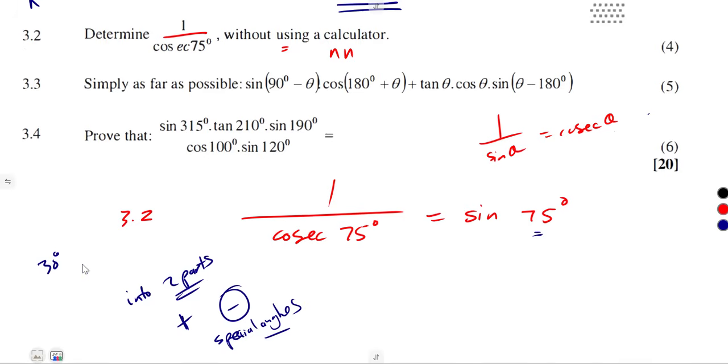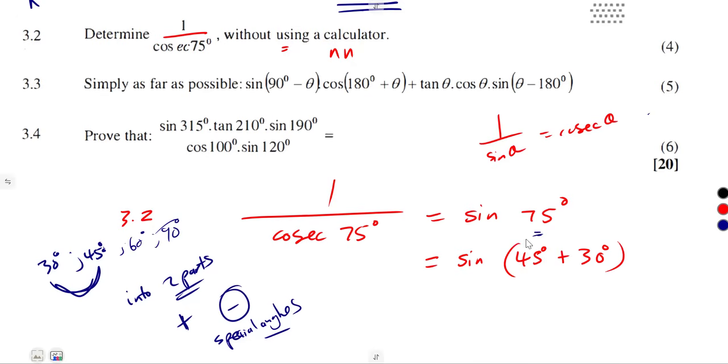Remember, 30 degrees, 45 degrees, 60 degrees, and also the 90 degrees. So which one? 75, 30, and what? And 45. If I add these two, 45 degrees added to 30 degrees, I'm going to obtain what? 75. It's a combined value.